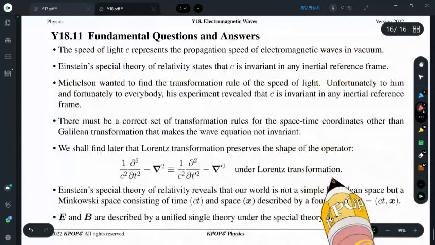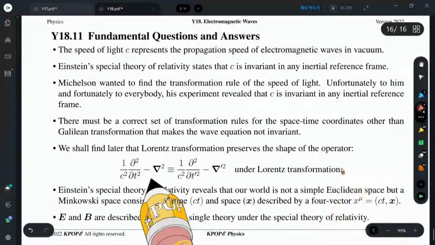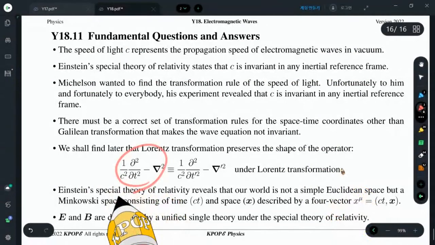Our fundamental question is: is there any way to make this wave equation operator invariant under a generalized Galilean transformation that relates the two inertial reference frames having time and space? The fundamental mistake of the Galilean transformation is that time is absolute.